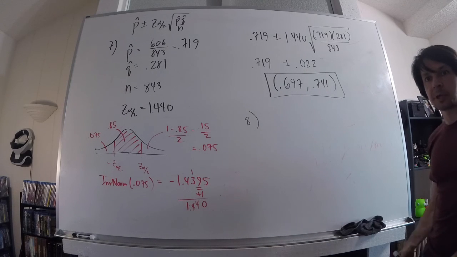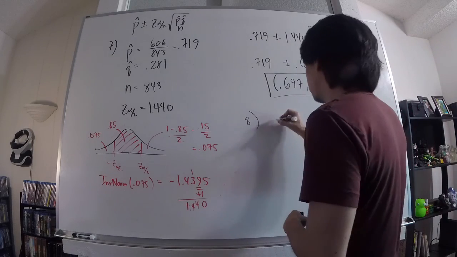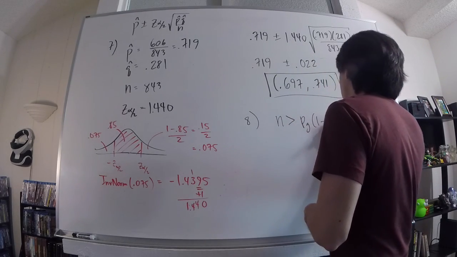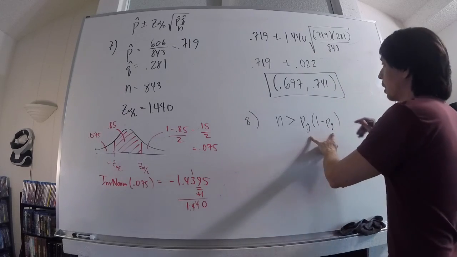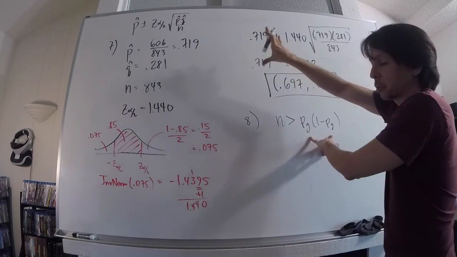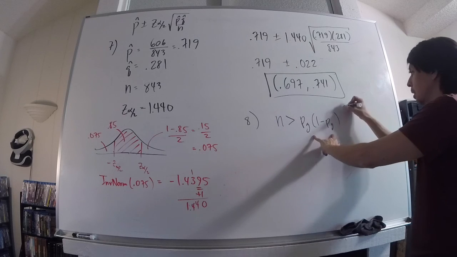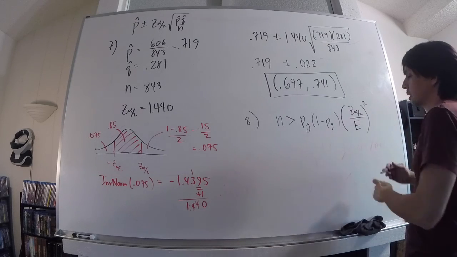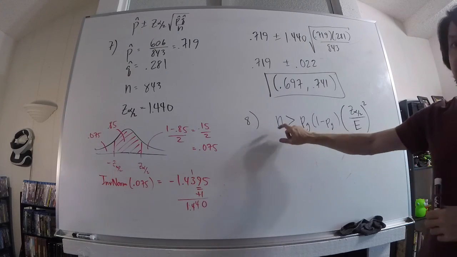Number 8, minimum sample size. Oh, I erased it, but it's the same formula. p-hat, 1 minus p-hat. I'm still using 0.5, 0.5. I'm not using anything based on that sample because this is intended to be for a fresh start. We are going to be taking a new survey of an unknown number of people.